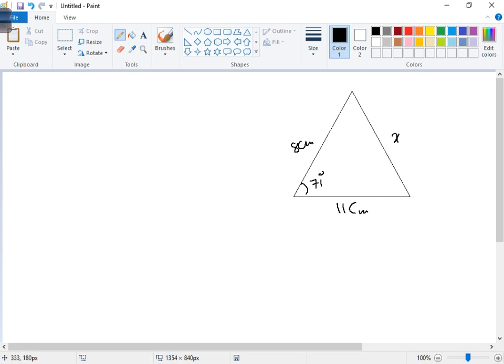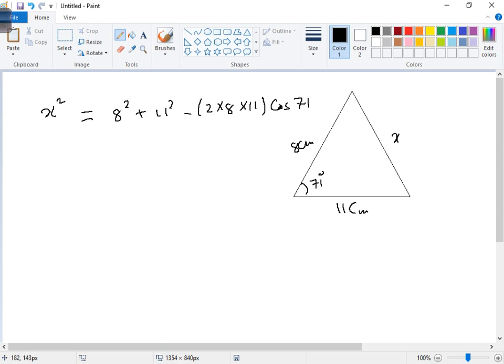So we use the cosine rule. X square equals 8 square plus 11 square minus bracket 2 times 8 times 11 times cosine 71, after changing the subject, of course.